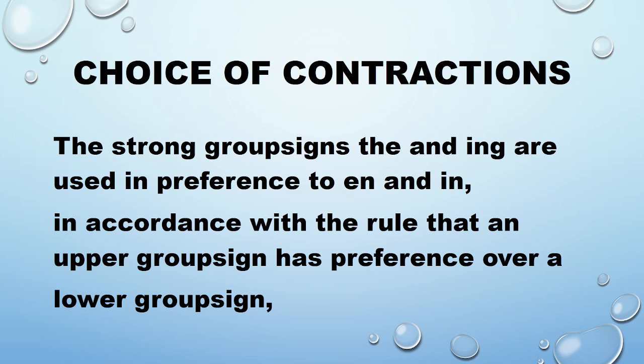So there are words wherein you would need to choose whether you're going to use the strong group sign for the, or the lower group sign for en. It will be revealed in the succeeding examples, as well as for ing. There are words where you need to decide whether you're going to use in or ing. In most cases, with a few exceptions, the strong group signs the and ing are preferred.